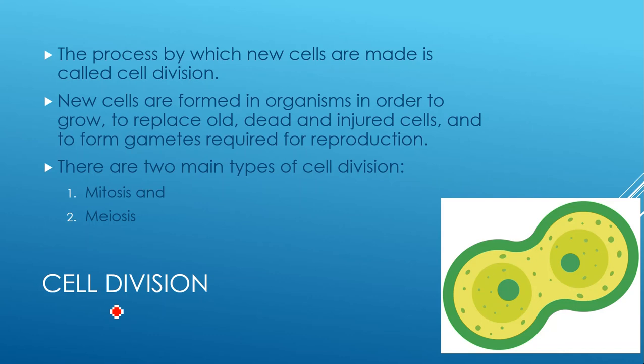So if that cell divides, it will divide into two. Both are called daughter cells. So it has different significance in the case of unicellular organisms. But if I talk about multicellular organisms, here the significance of cell division is growth, repair of dead, damaged cells or tissues, formation of some new structures, plus formation of gametes.